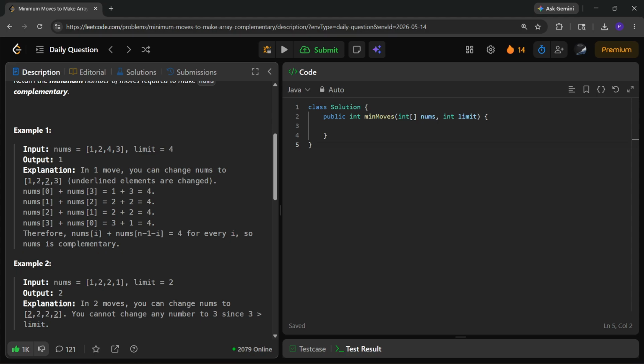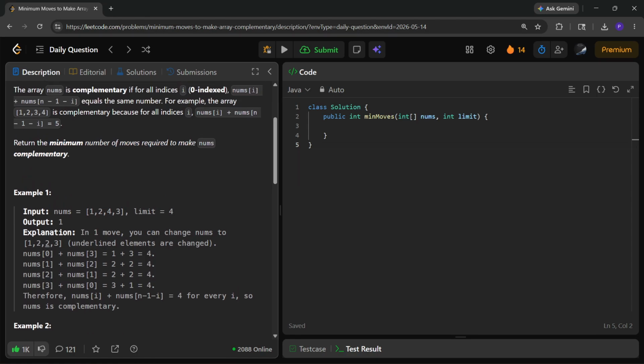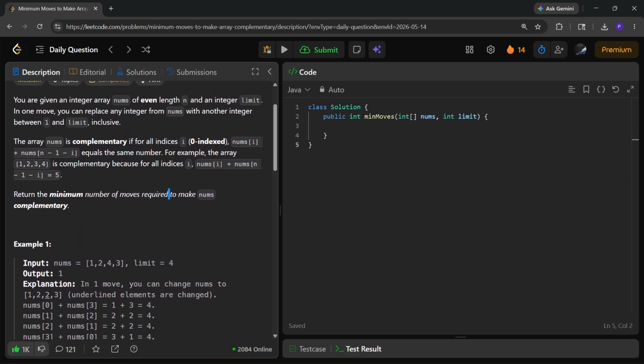In one move, you can change nums of 0, and the limit is 4. Return the minimum number of moves, so the minimum number of numbers that I'm changing to make nums complementary.